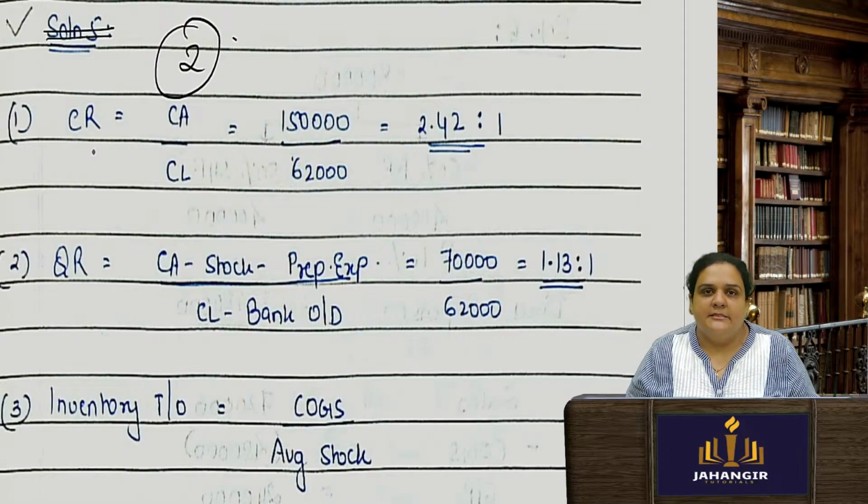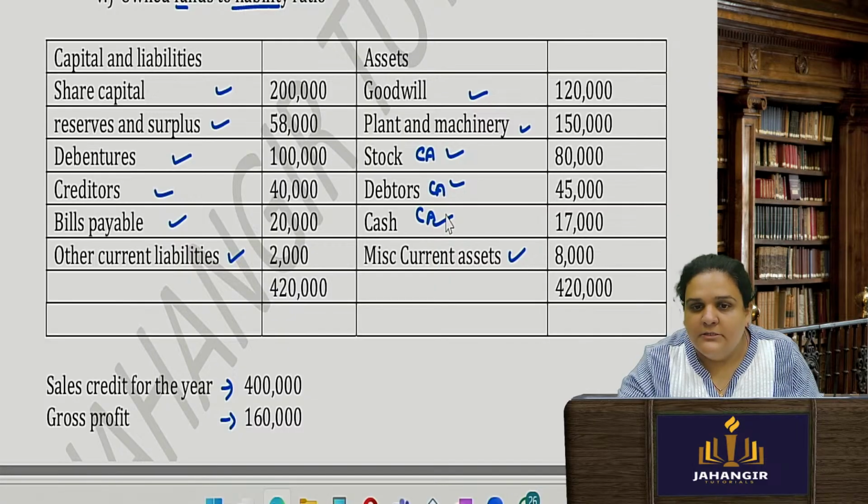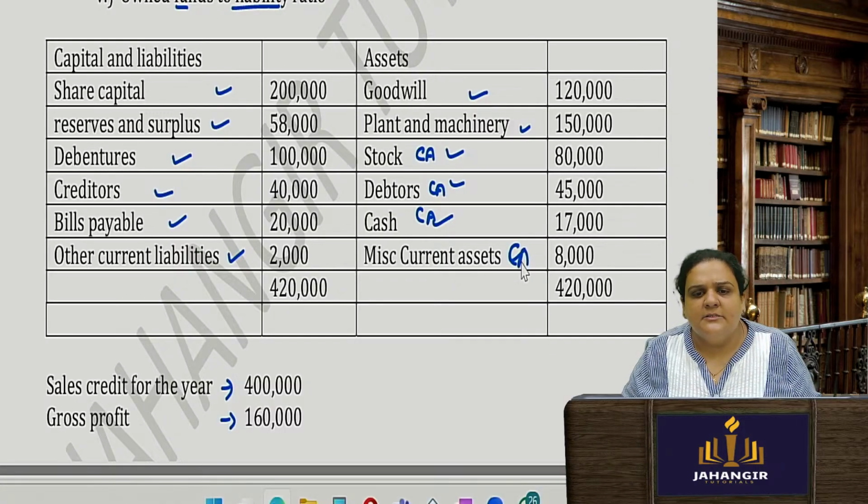Now current assets. We all know what is current assets. Current ratio is nothing but current assets upon current liabilities. Now in my question, what is current assets? Stock, then we have debtors and then we have cash. Just added up 80,000 plus 45,000 plus 17,000 plus 8,000. Another fixed, miscellaneous current assets is also there.